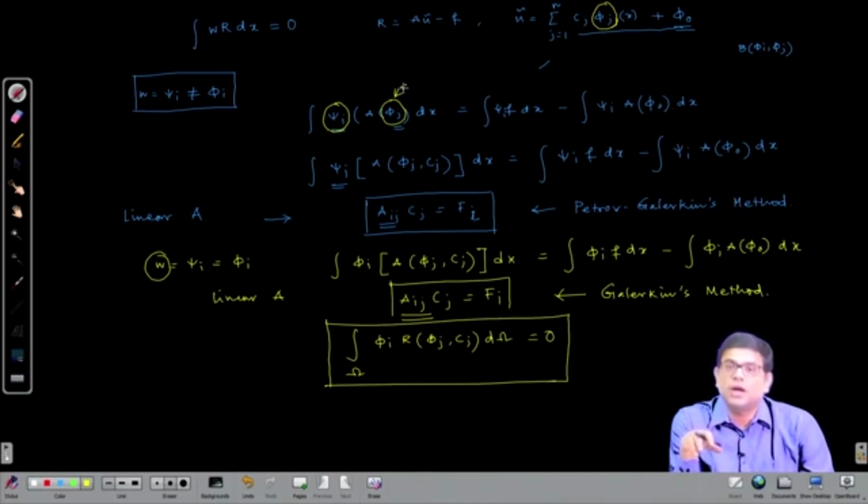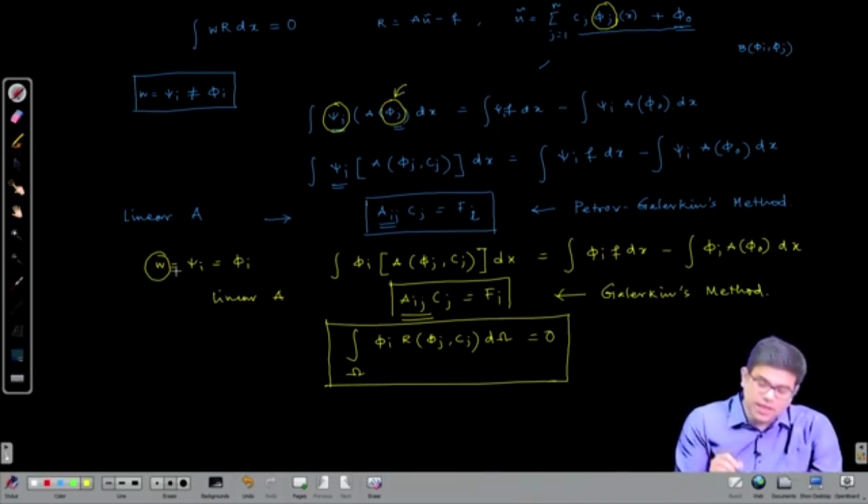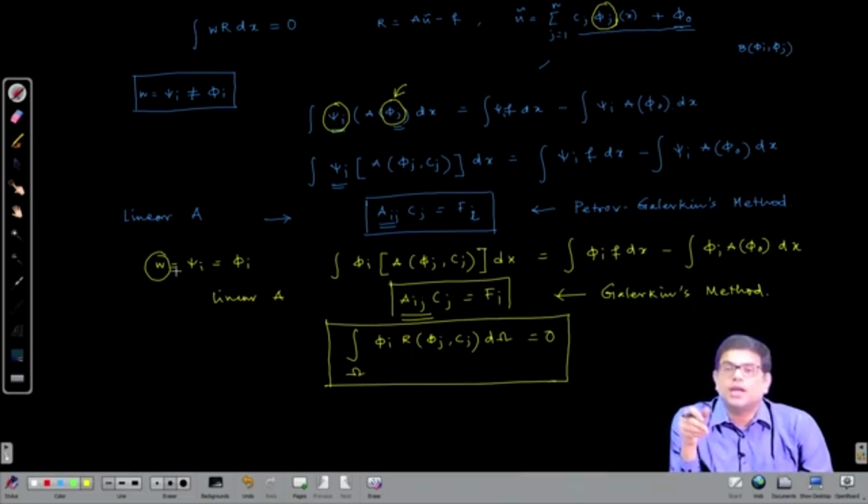Galerkin's formulation, or the weighted residual method, because otherwise the approximation will not be valid here. Now, in a nutshell, what is mainly different in the Galerkin method or the Petrov-Galerkin method is that we remove the restriction on the weight functions.